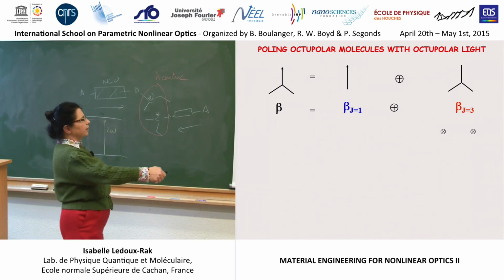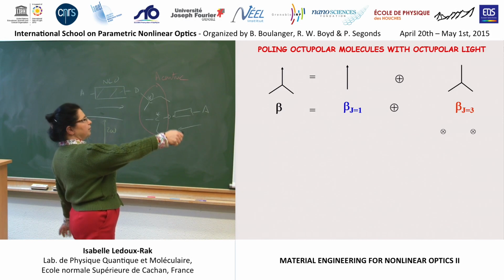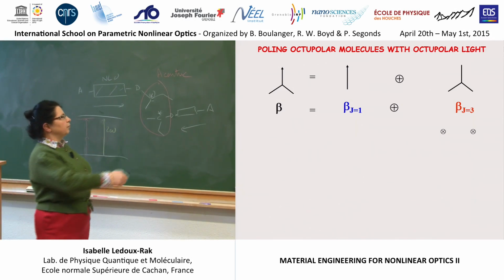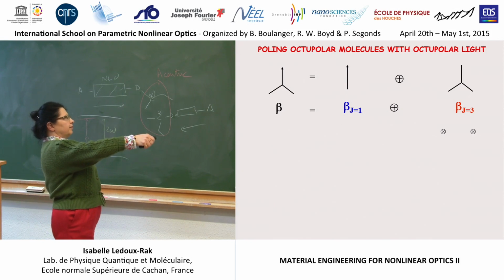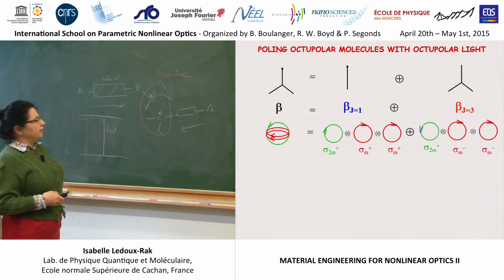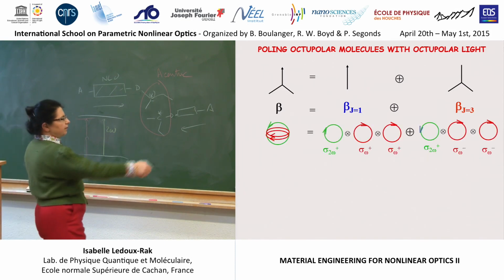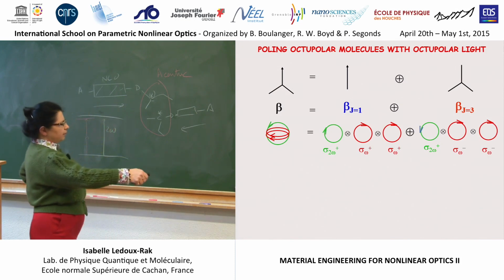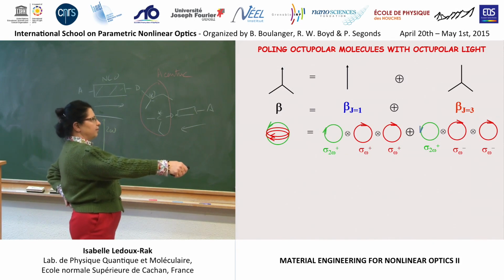How does it work? If we take a molecule which is two-dimensional, multipolar, the beta tensor can be the sum of a dipolar and an octupolar irreducible part. And this dipolar symmetry is reflected in the symmetry of the field tensor.